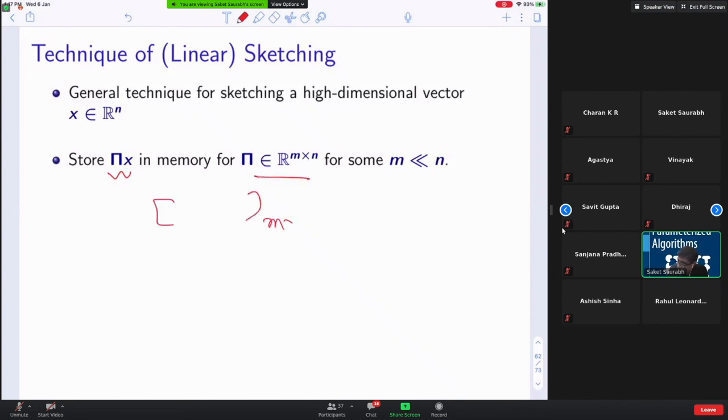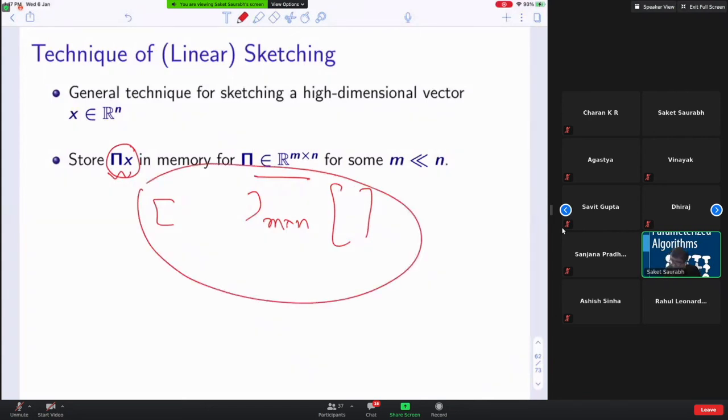So basically you store some object like Pi x. You multiply your vector x with this matrix Pi, and you store this. The good property is that m is very, very small. So at any point of time, what you are storing in memory is Pi x. Suppose Pi is m cross n, and my x is n cross 1.